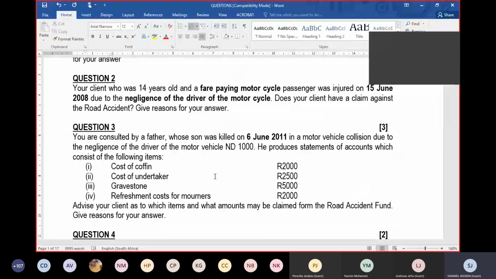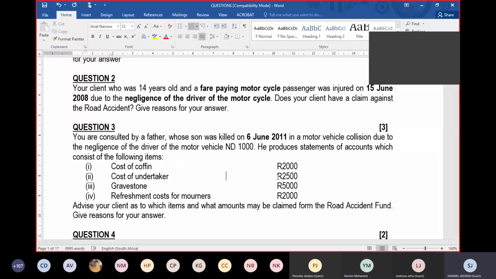Advise your client as to which items and what amounts. So it's not only the items, they're looking for the items and the amounts that may be claimed from the RAF, and you must provide reasons. So this is 3 marks.